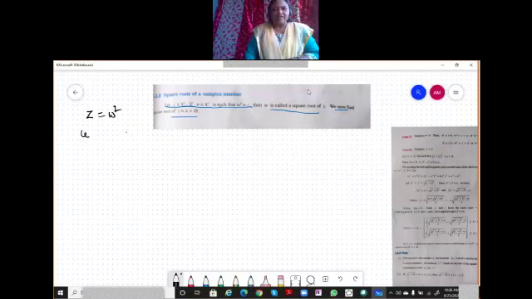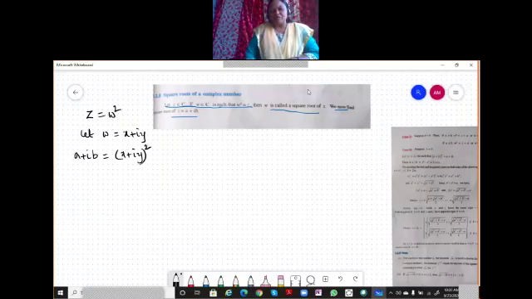Okay, so let us take that w is equal to x plus iy. So what will be z? We know that z is a plus ib. We substitute w here. What do we get? x plus iy whole square. Let us square this.